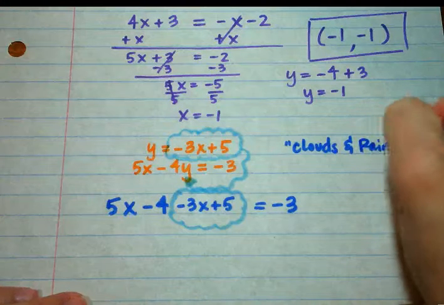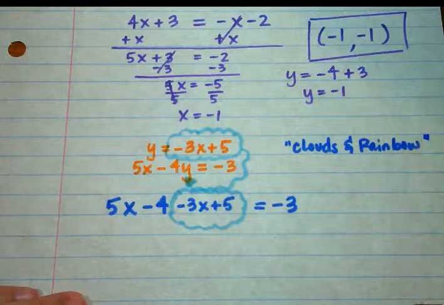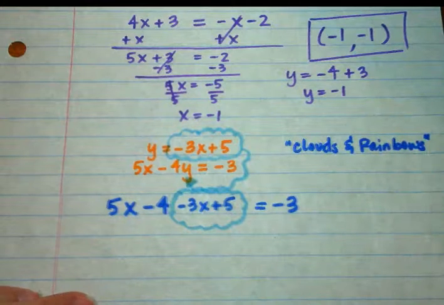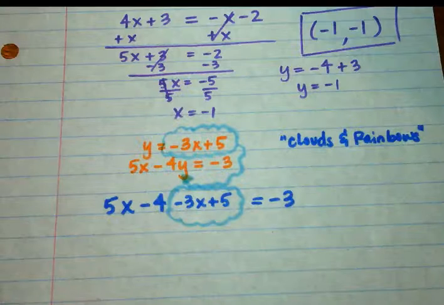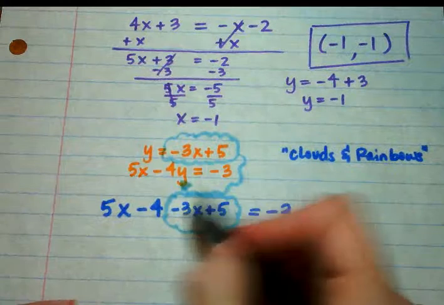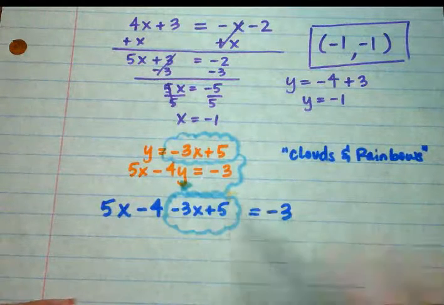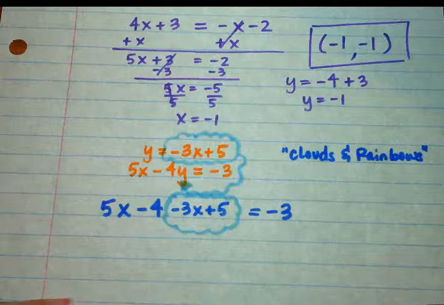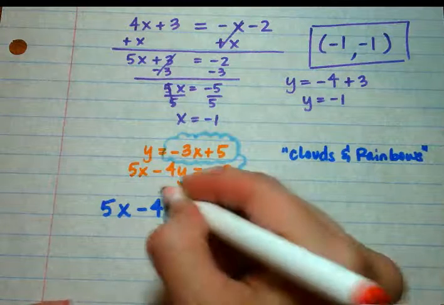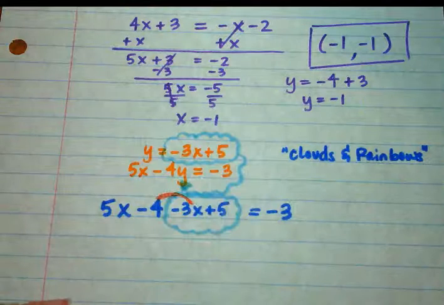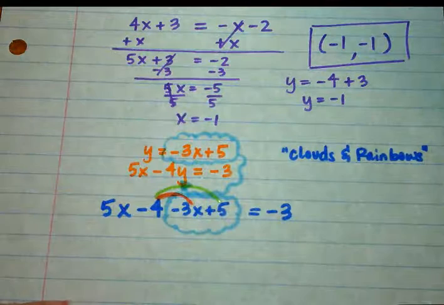The rainbow is going to do this: now that I have a cloud, I know I have a rainbow. The rainbow tells me to distribute. So I need to make a rainbow here, and I'm trying to be really colorful. There.